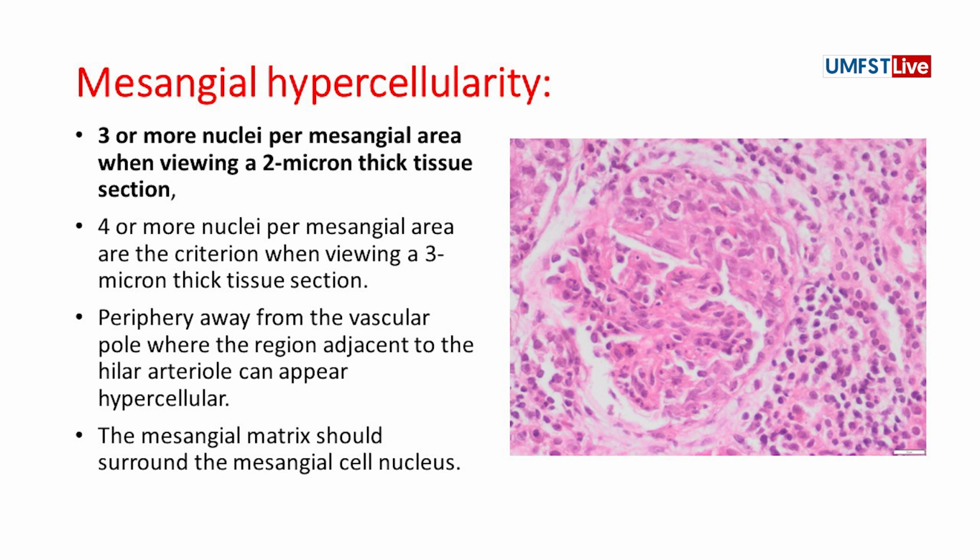But as here, if you see 3 or more in 2 micron thick tissue, and I know it's different from the routine, we need a thinner section than routine for kidney biopsies. Here you see there are more than 3 cells in each capillary loop. That's why we call it hypercellular.